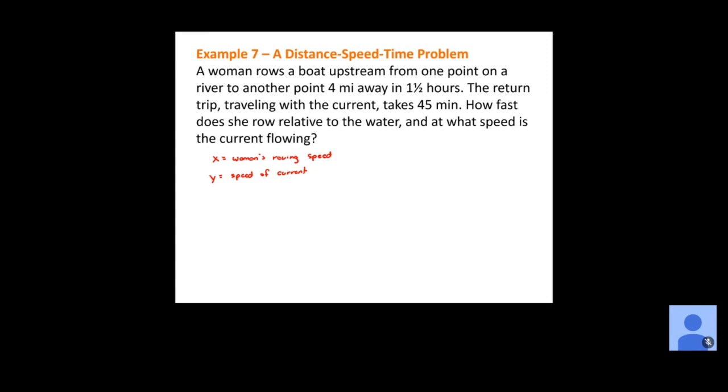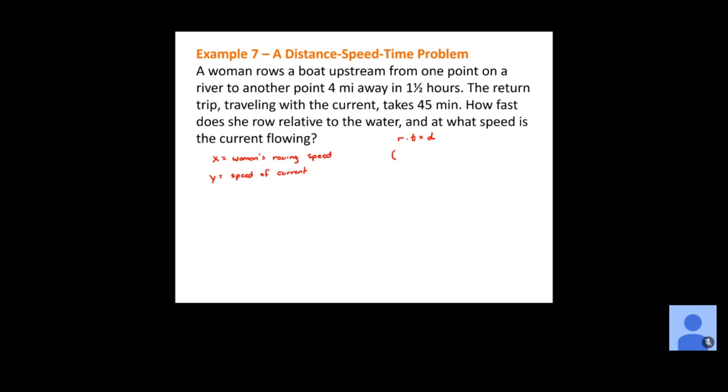Those two equations, I'm going to use the formula that rate times time is equal to distance. So I know in this case that when she's going upstream, it's going to take her 1.5 hours to get there. And the speed of the current is actually working against her, right?